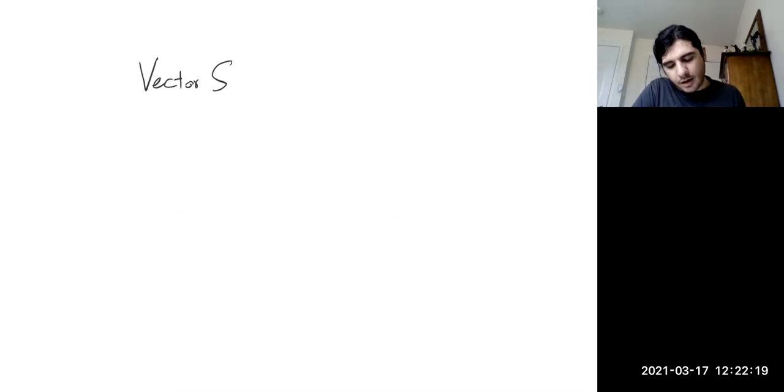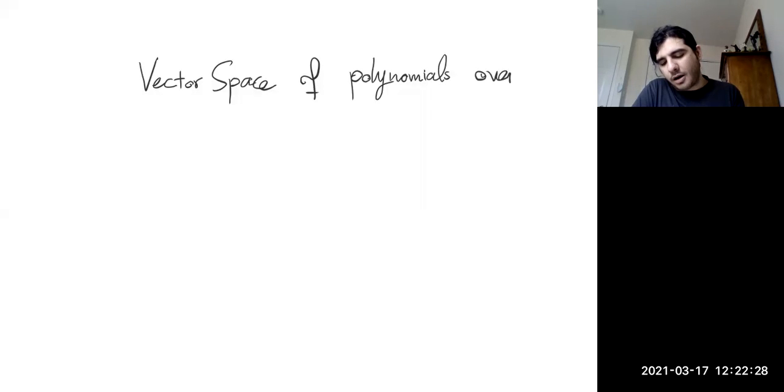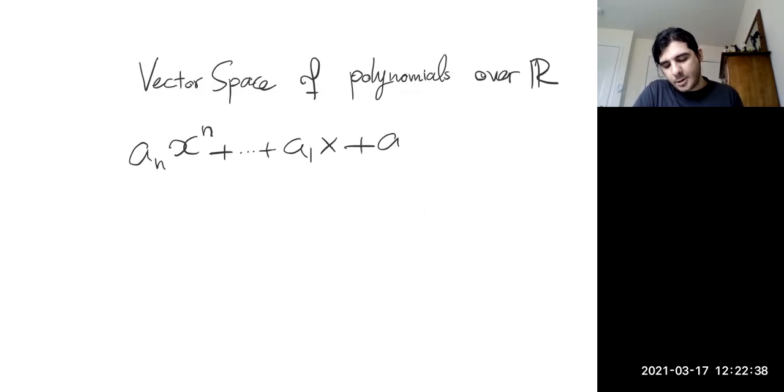Now let's look at a slightly more complicated example. If you remember, we were thinking about the vector space of all polynomials over, say, R. So everything of this form, a_n x^n plus ... plus a_1 x plus a_0, where these numbers are real, for any n.